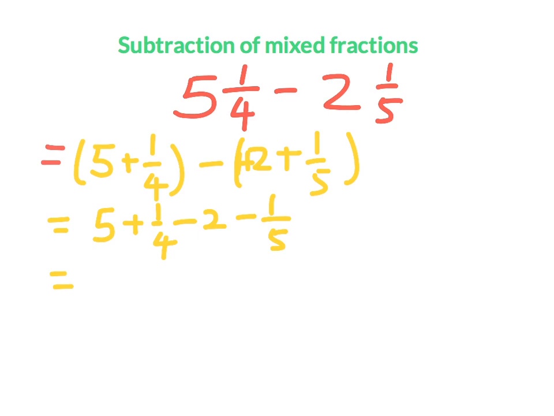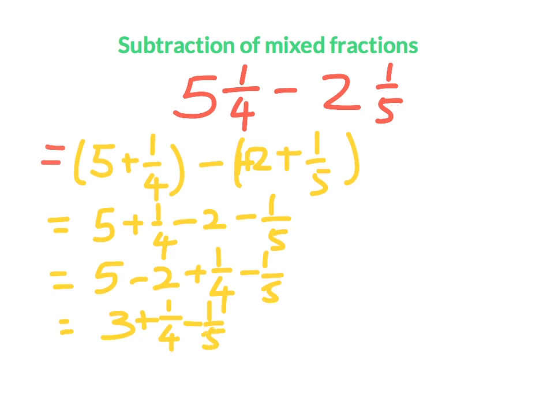So minus times plus, that makes it minus 2. So we can bring the 5 minus 2 plus 1 over 4 minus 1 over 5. Okay, so next, that's 3 plus 1 over 4 minus 1 over 5.